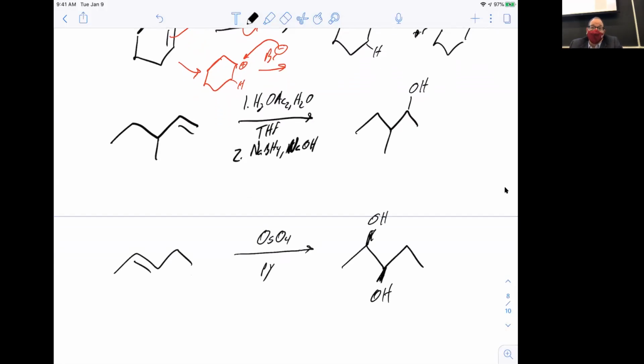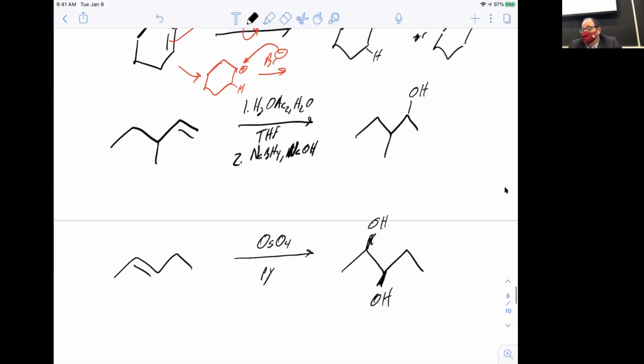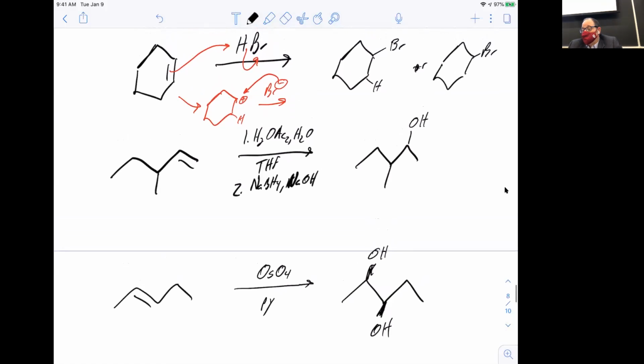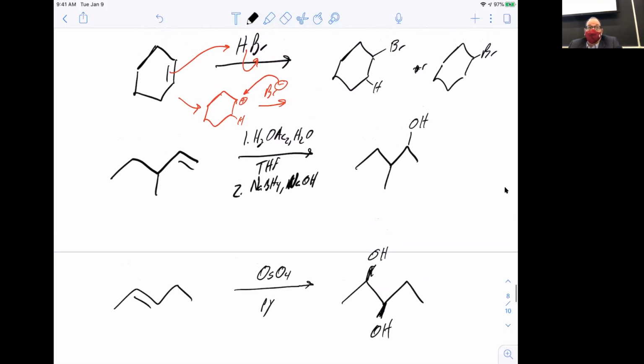Others you'll need to learn the reagents and what they do. And the secret to remembering the stereochemistry of osmium tetraoxide is thinking about that planar intermediate where both oxygens are attached on the same side.